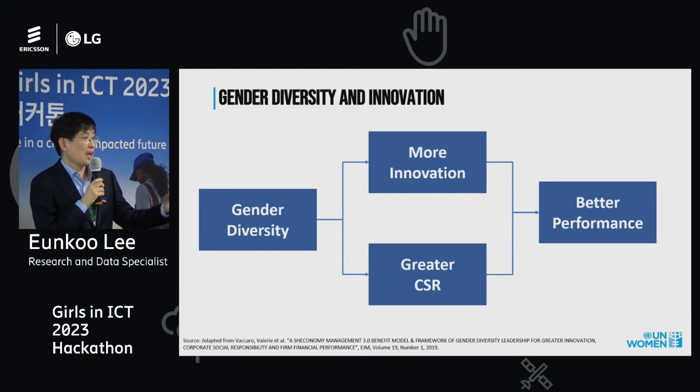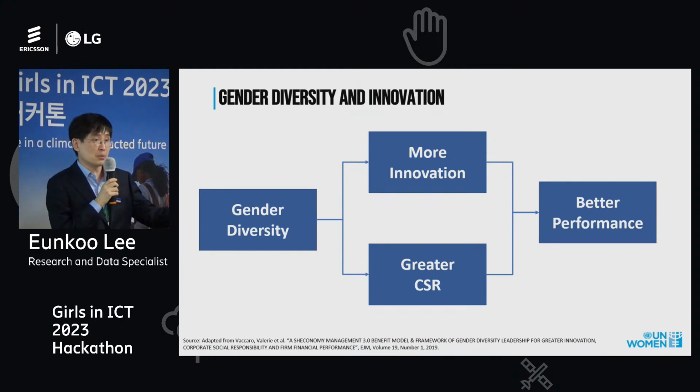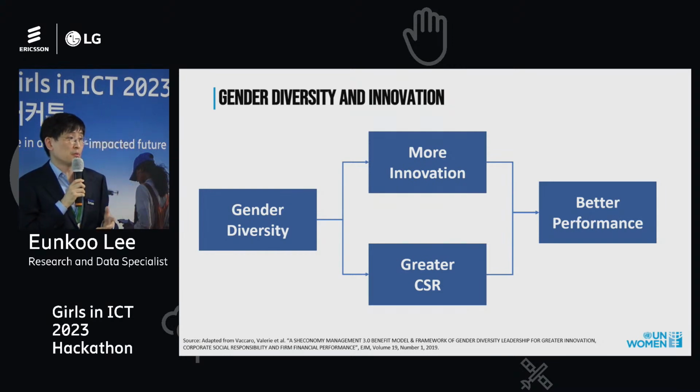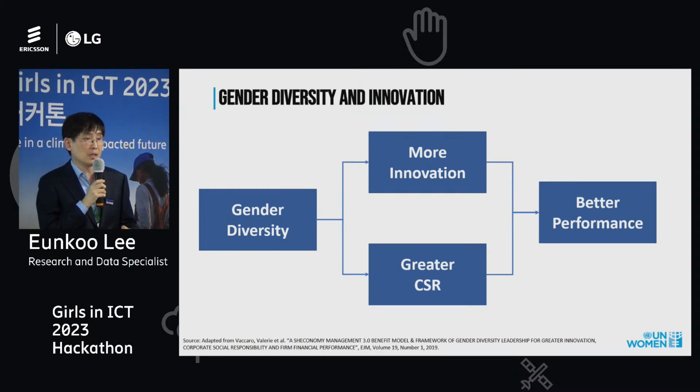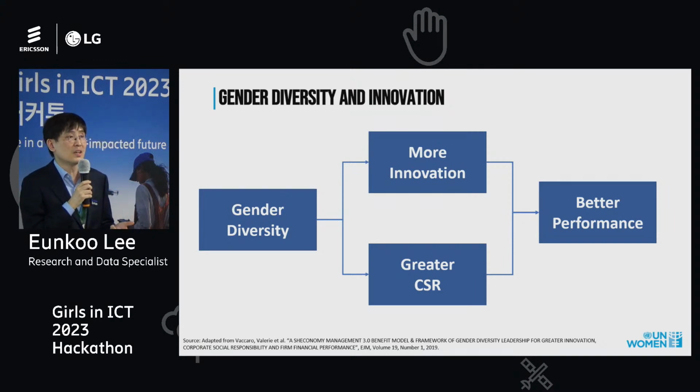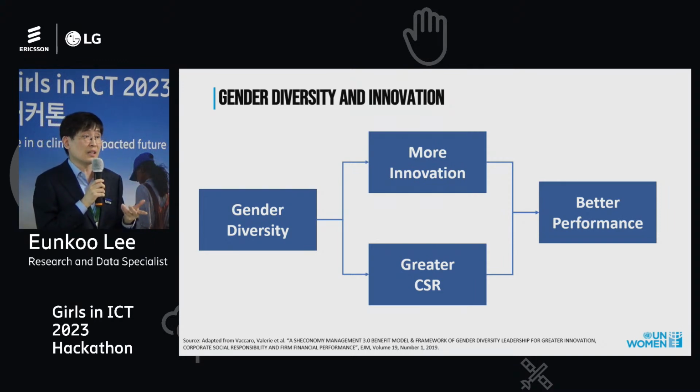I think the CEO has already mentioned in his presentation that having gender diversity could also promote more innovation and greater corporate social responsibility, and that leads to better performance of the company. There is mounting evidence and empirical studies that suggest this is true, but we probably need to do more research.